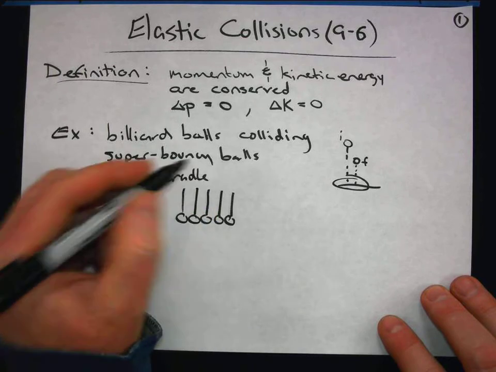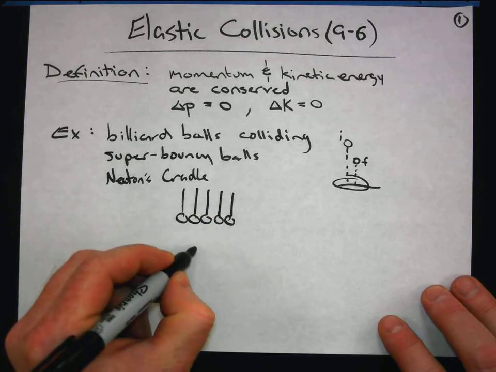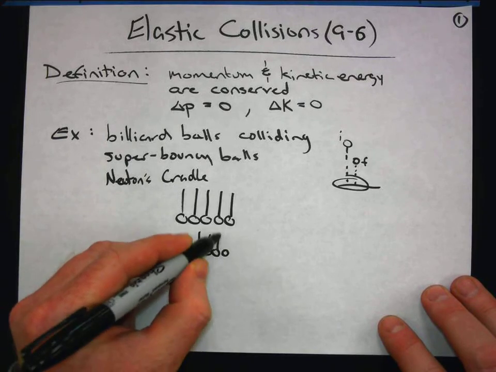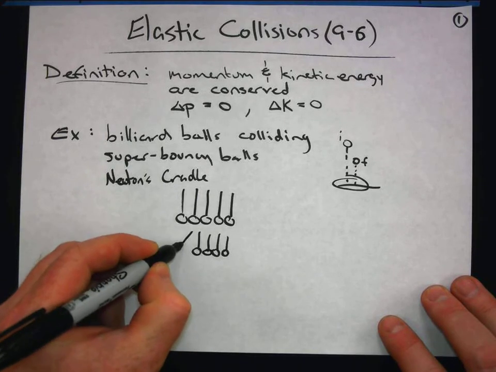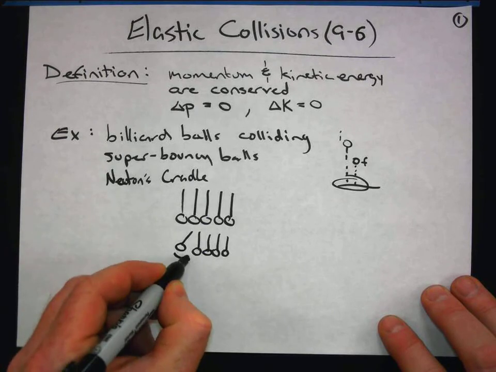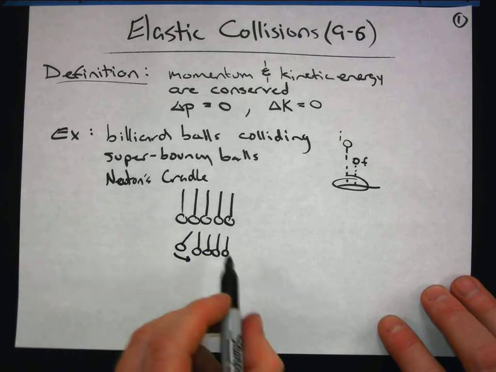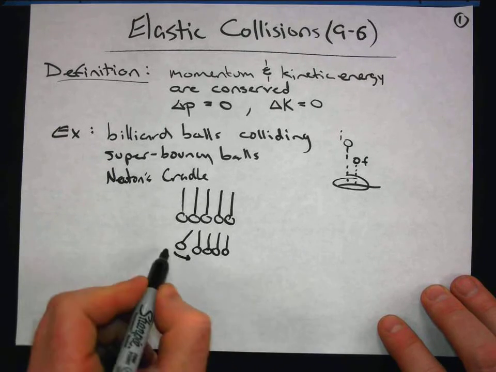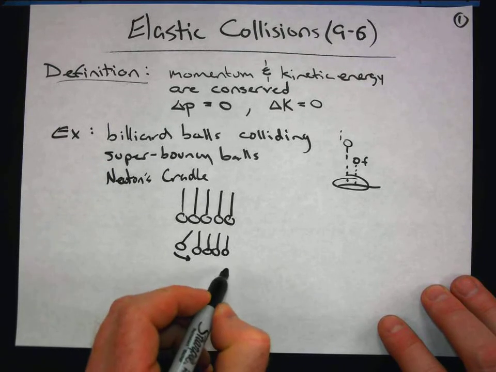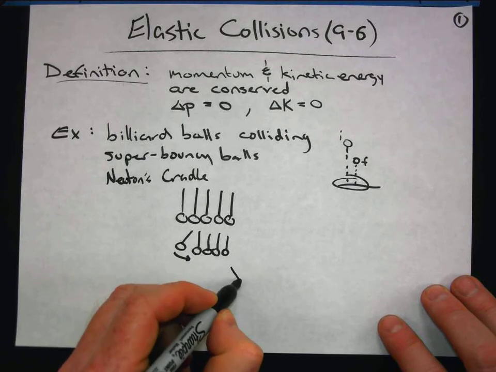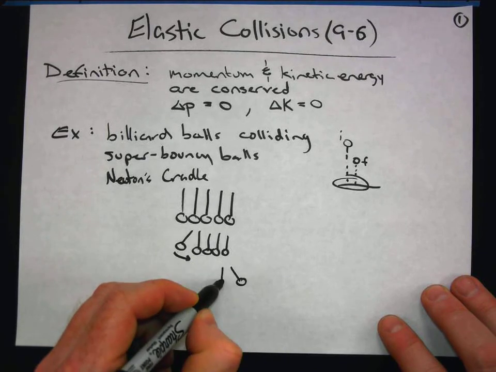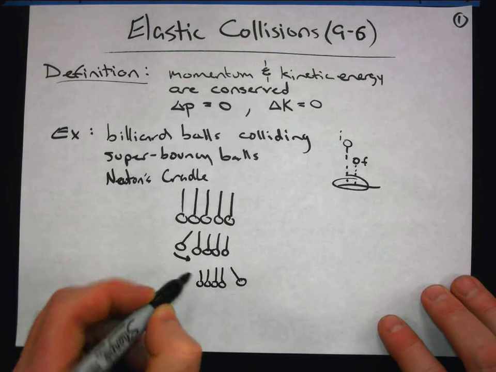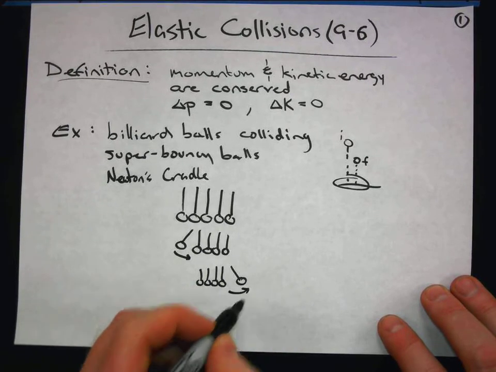And the idea is you pull one back and release it, and you expect to see some reaction on the other side. There's a series of collisions that takes place, and in fact this is what you will see: one of them on the end is going to bounce away.